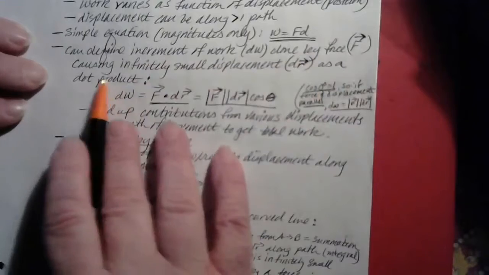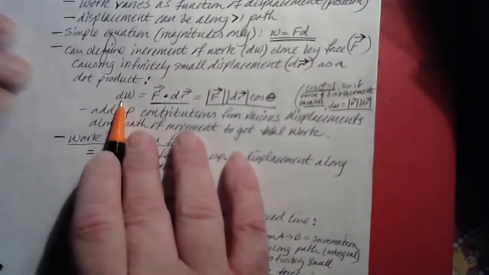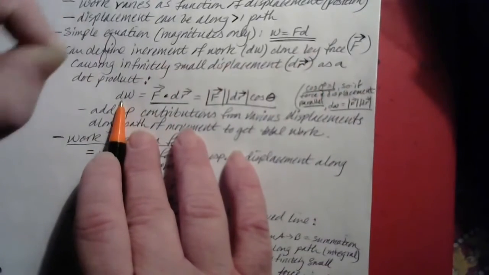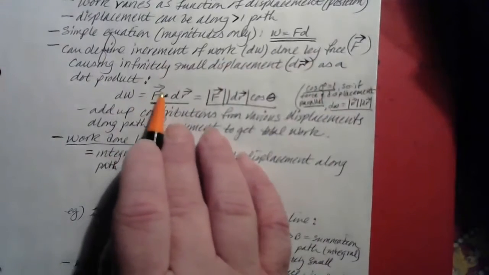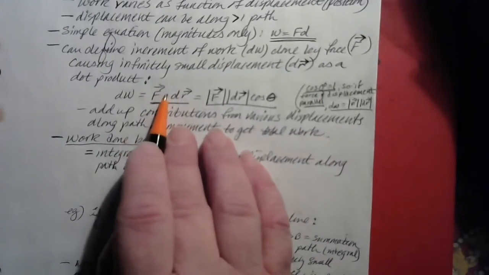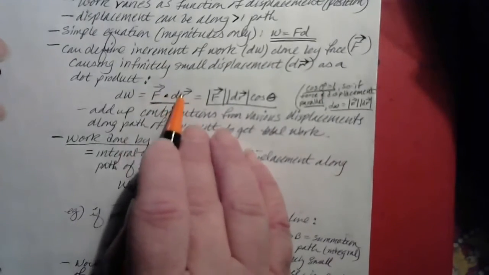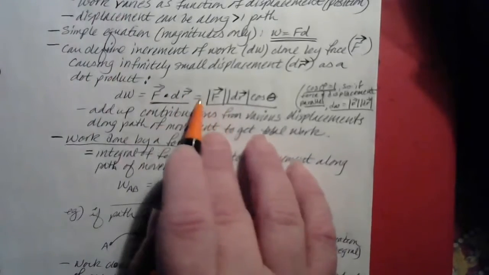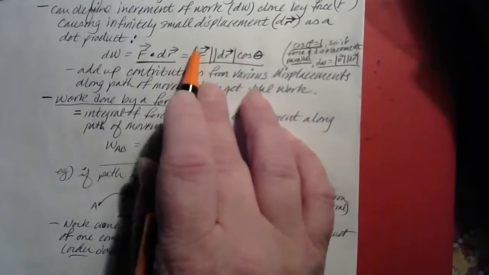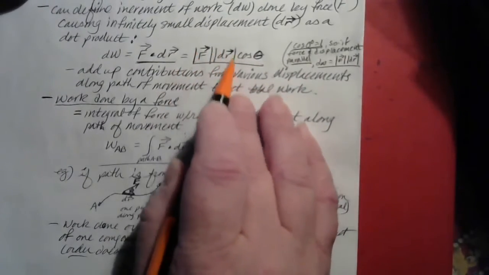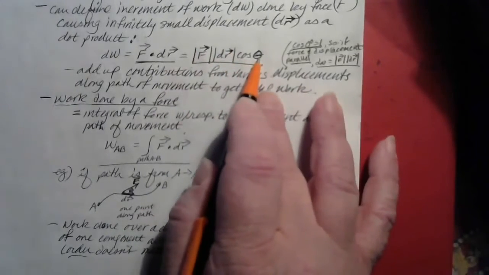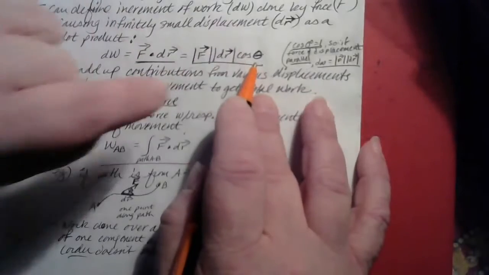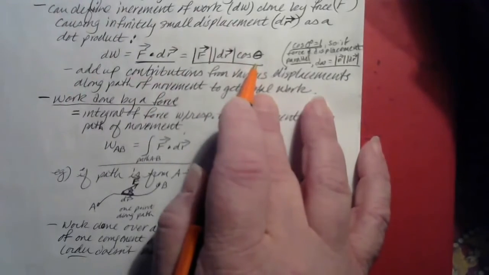So dW is equal to the force as a vector, as a dot product with the infinitesimally small movement that force causes. In calculating that, we can compute it as the magnitude of the force times the magnitude of the displacement times the cosine of theta, where theta is the angle between the force and the displacement.